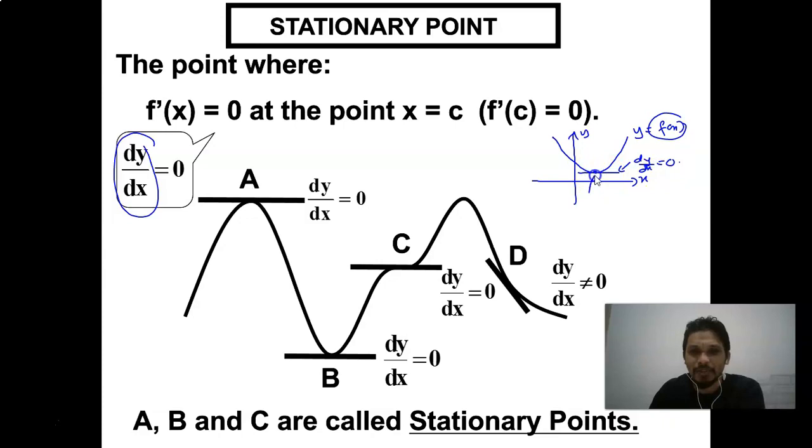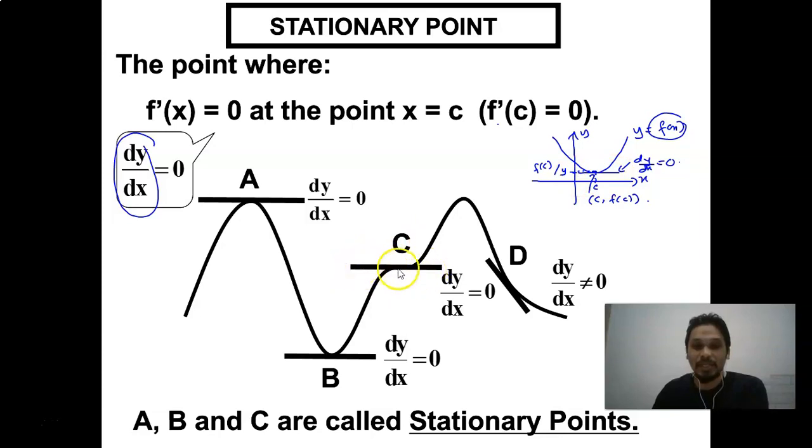At this point, we refer to the x-axis and y-axis: this is the coordinate of x equal to c, and this is the coordinate of y, or f(x), where x equal to c. So this is the coordinate (c, f(c)), and at this point f prime of x is equal to 0.